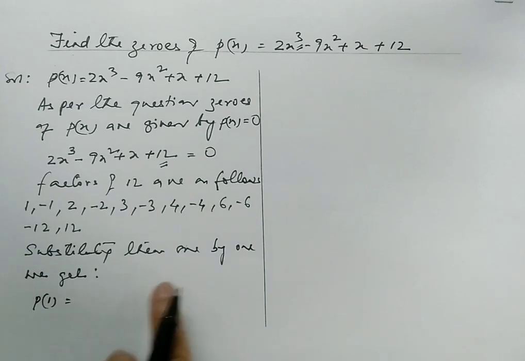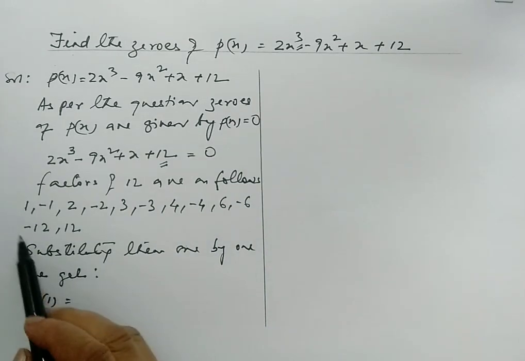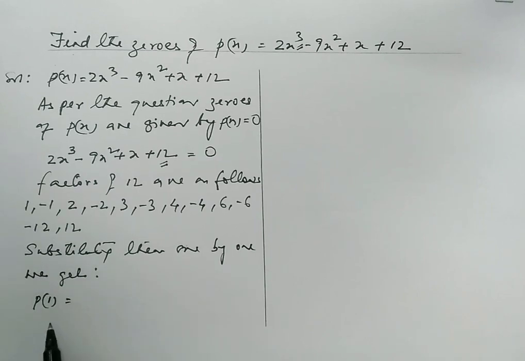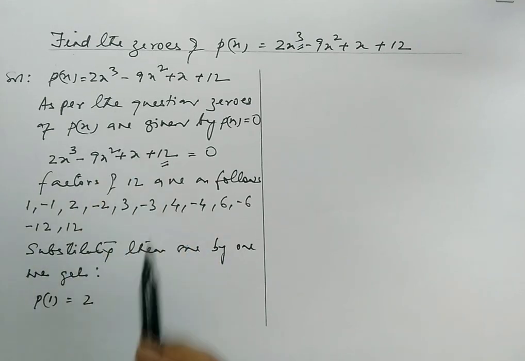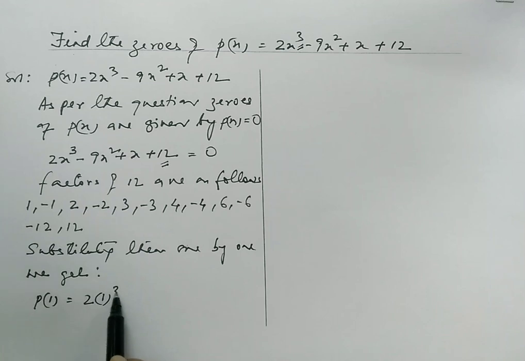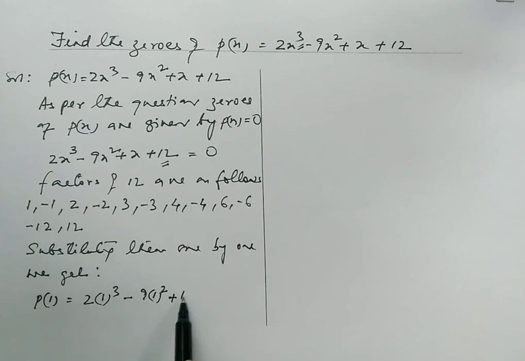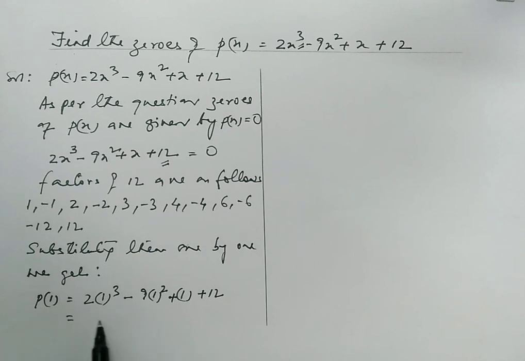So, substituting them one by one, for example 1 is to be substituted for x. So we get 2 into 1 cube, minus 9 into 1 square, plus 1, plus 12. In this case, 1 into 1 into 1 is 1, so 2 times that is plus 2.